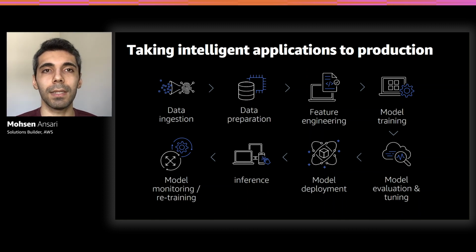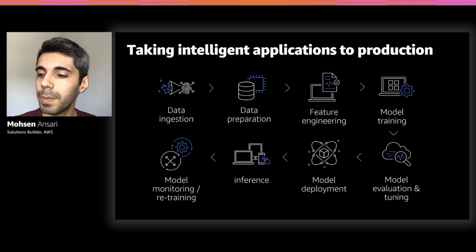The reason for that is that the data that was coming to your machine learning model might be outdated after a while, and the trends of the data that is coming to your model right now might not be the same as the data you used for training your model. So every once in a while you need to retrain your model so that it's always up to date and it's not using an outdated set of data.